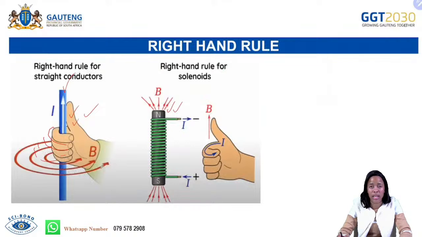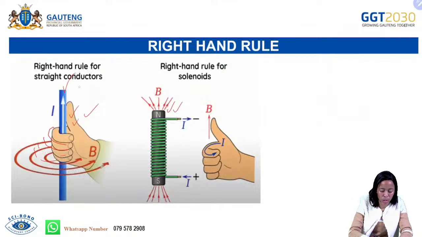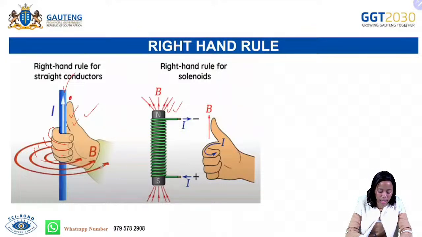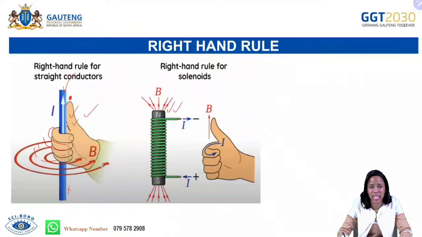And again, if the current is pointing towards you, we use a dot. Remember the pencil example. And if the current is pointing away from you, we use a cross, okay?